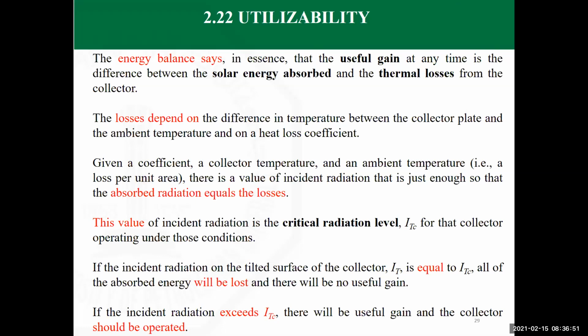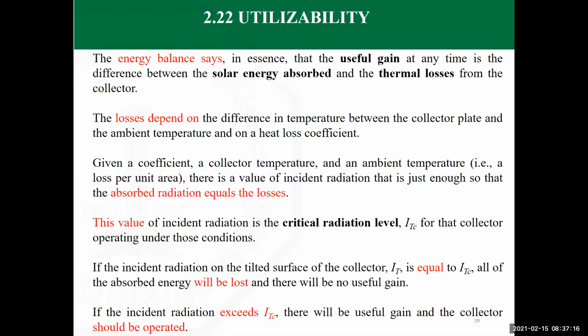So when we are considering the energy balance, there is useful energy in, we call it gain, and the losses due to the temperature of the collector being higher than the surrounding temperatures. If the gain is equal to the losses, then we call it the critical radiation level.